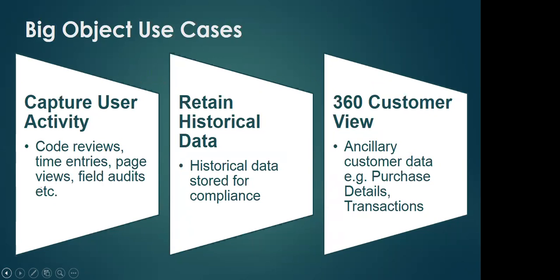So the introduction of big objects does not mean that we end up completely replacing what we have in terms of custom objects, standard objects, or any other storage tools. No, that's not the right way to go about it. There are certain use cases which are best suited for big objects, and that's what we're trying to understand here. These use cases can be classified into three major buckets.